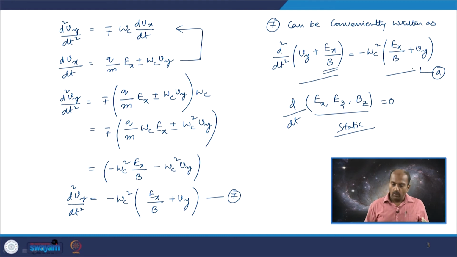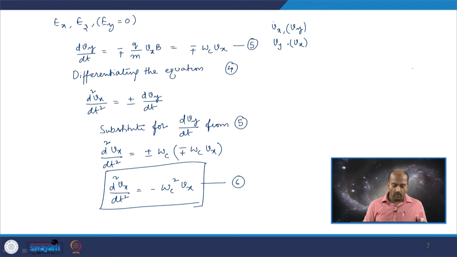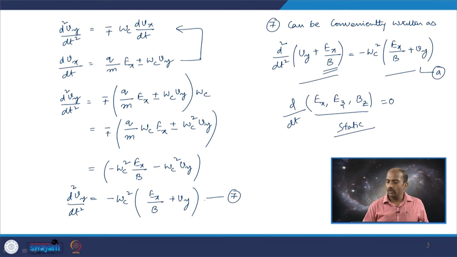So what have I got? I have got one second order differential equation which we called 6, and the second order differential equation that we have got is called A, let us say. For understanding, let us write these two equations together so that we can understand what they mean as a whole.